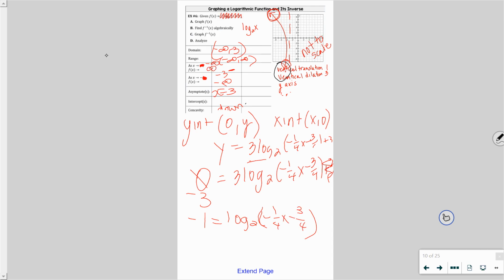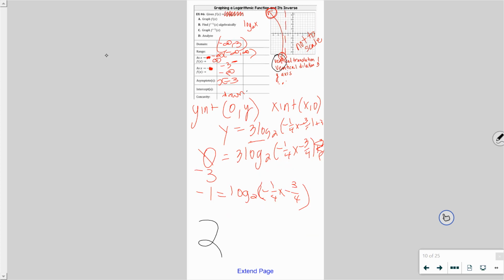Maxwell, pick it up from there. How do I isolate the x? I've got my log isolated, so how am I going to isolate that x? Change what, guys? Make it exponential, right? So you go base to what the log answer is with the argument.